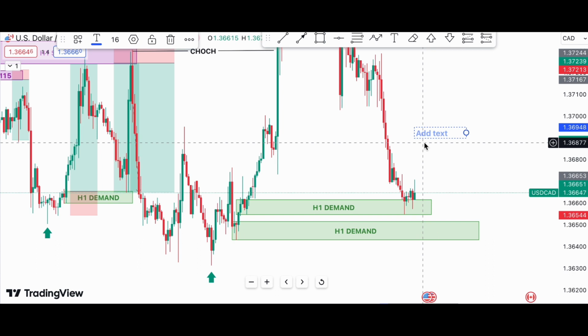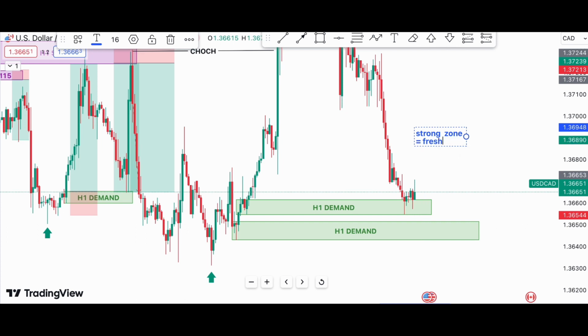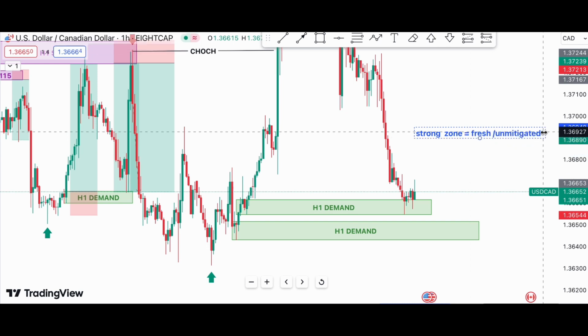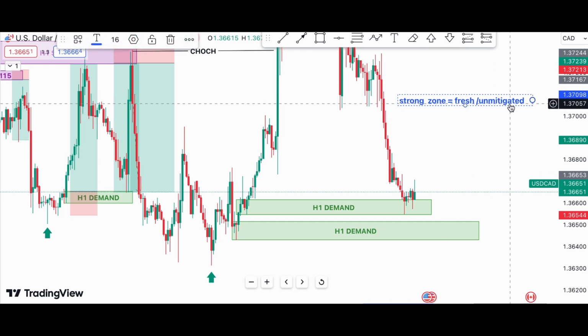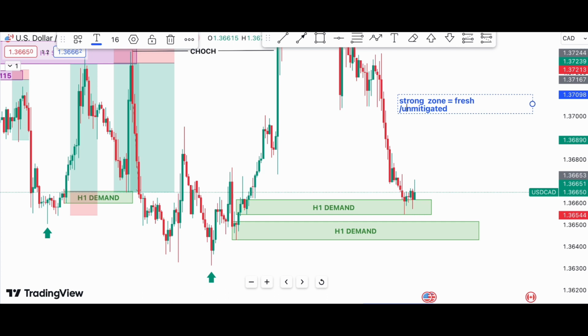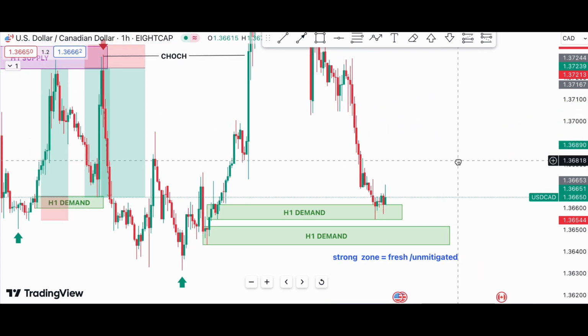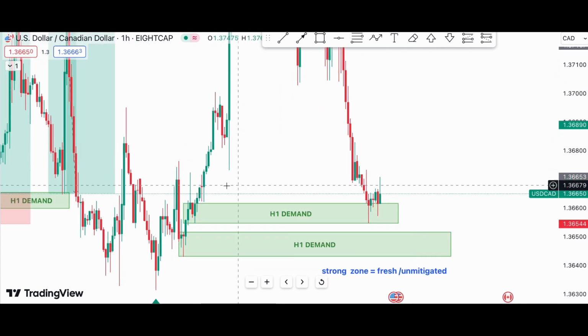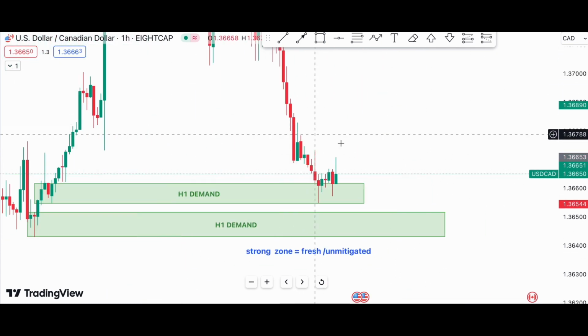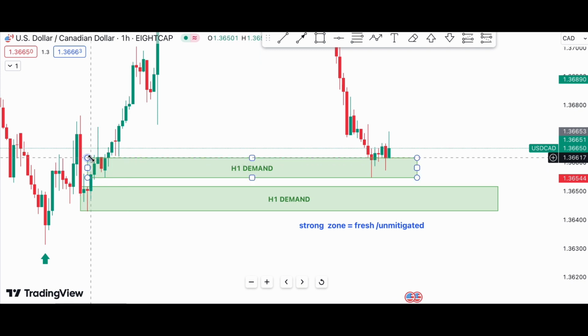I make some remarks here to let you remember: strong zone equals a fresh or unmitigated zone. Remember this, this is the strong zone. Of course we have the others, stronger zone and strongest zone, but in this video we are just talking about looking for the confirmation. So right here you see this is one of the demand zones.